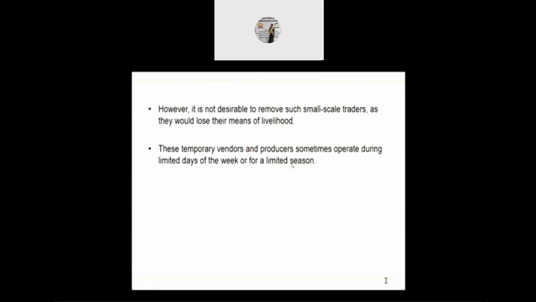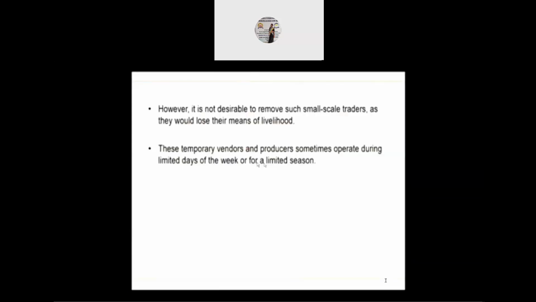So what can be done is, we can restrict the number of days in which they can sell their products. Say for example, they can use their temporary stalls only on alternate days of the week, or they can sell only during weekends. Some type of such regulation can be made, so that it is creating a balance for the permanent sellers as well as these temporary vendors.